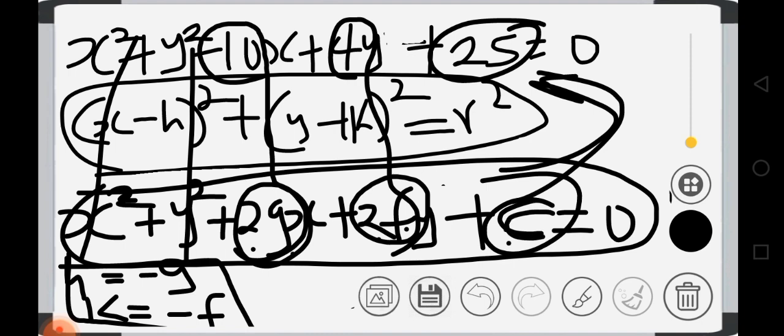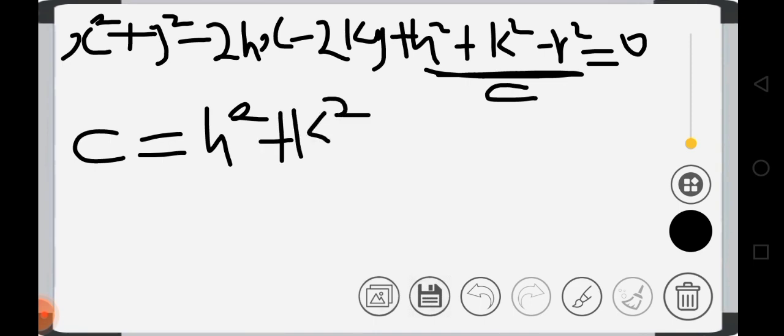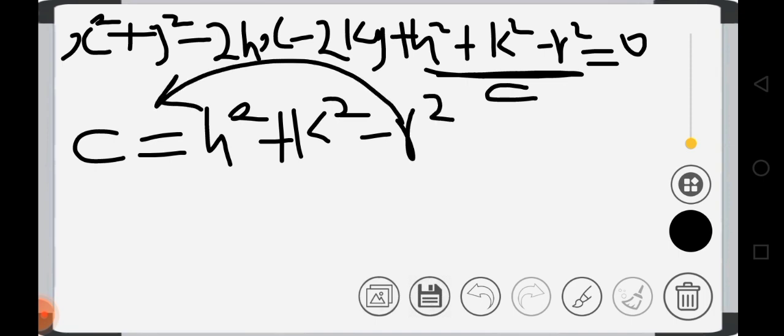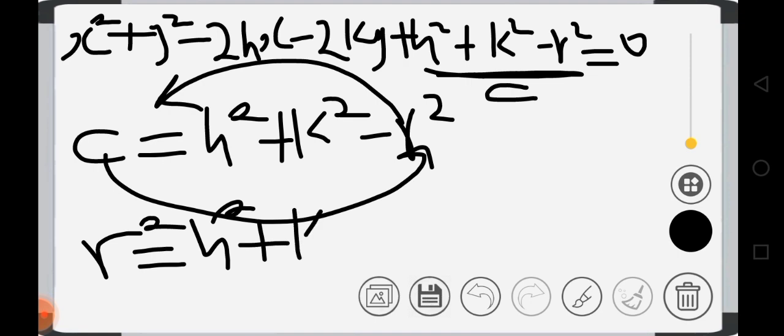So how do we get c? Let's look at that now. So this c, which is the constant, will be equal to h squared plus k squared minus r squared. So if you move this r to this side and you move this c to this side, you can get the radius squared to be h squared plus k squared minus c.